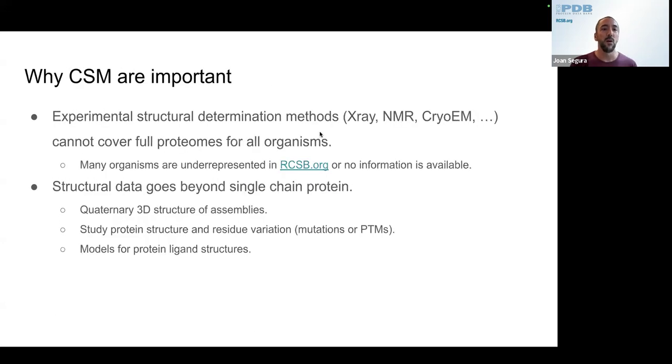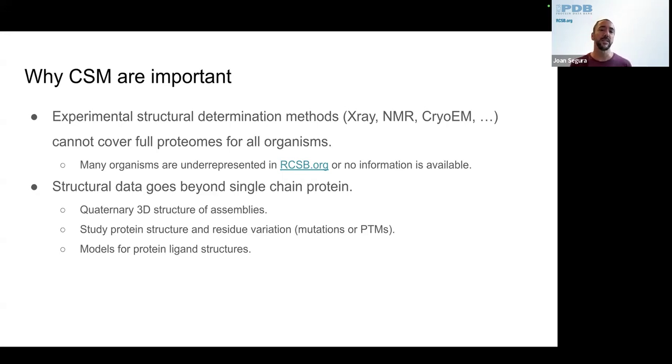Sorry about that. So why are CSMs important? If we think about the amount of data that is collected from protein sequences, there is no way that experimental determination methods can cover all the proteome. So many organisms are underrepresented in rcsb.org, and we don't have information from experimental methods for many proteins.